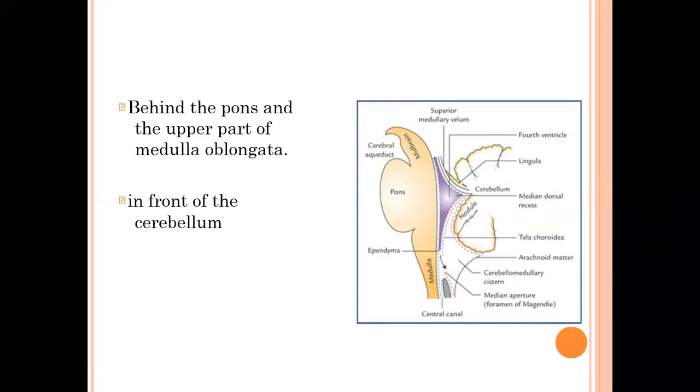This cavity of the fourth ventricle is lined by ependyma and filled with cerebrospinal fluid.